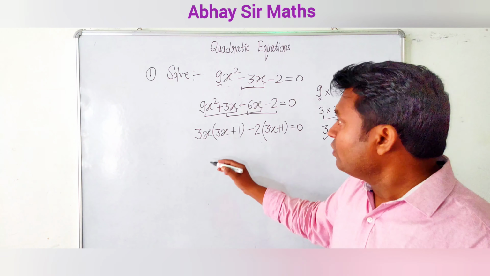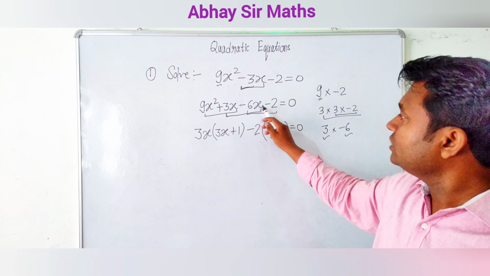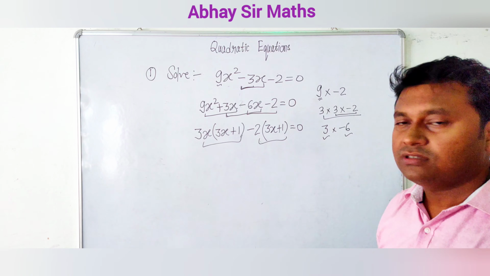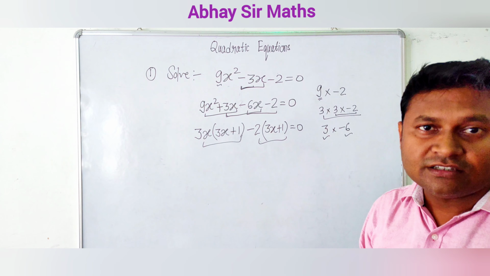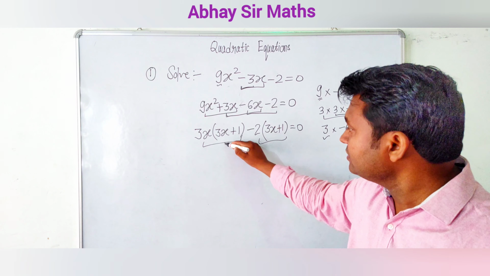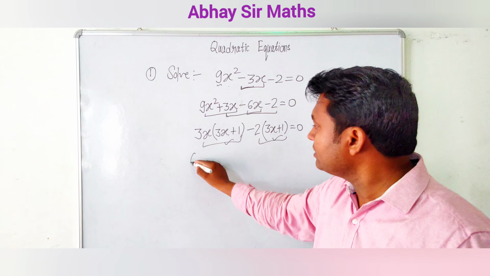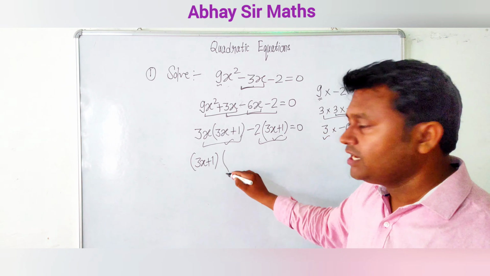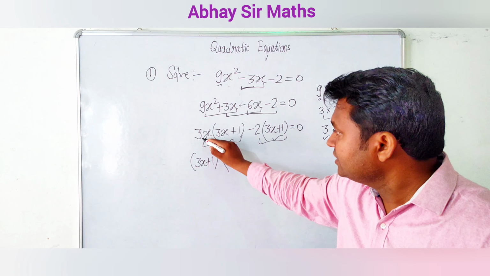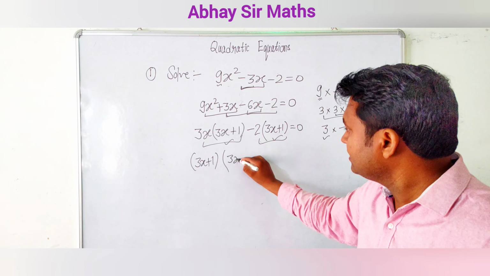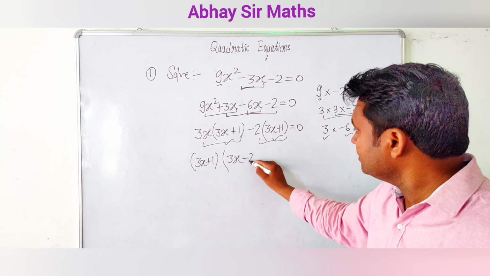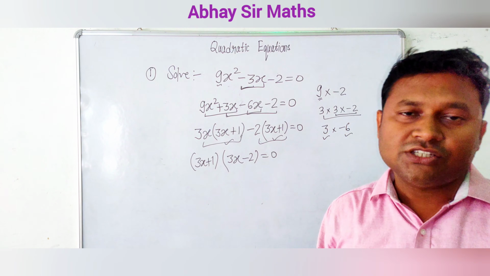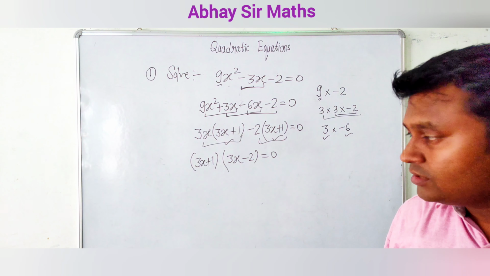Earlier we had four terms, now we have only two terms. Again take common: 3x plus 1 is common, and what is left inside is 3x and minus 2, equal to 0. The factorization part is done.